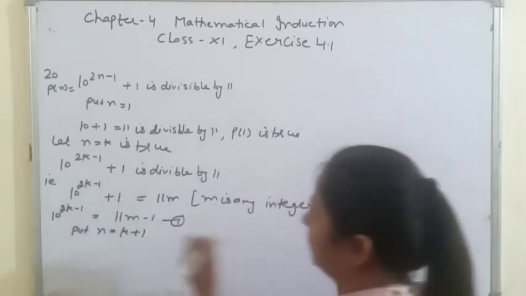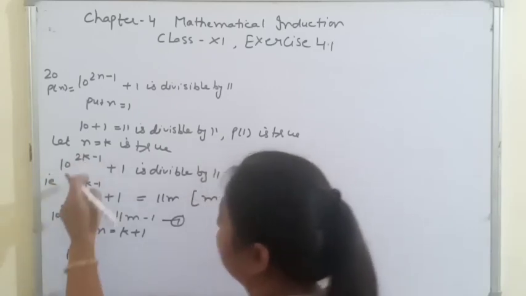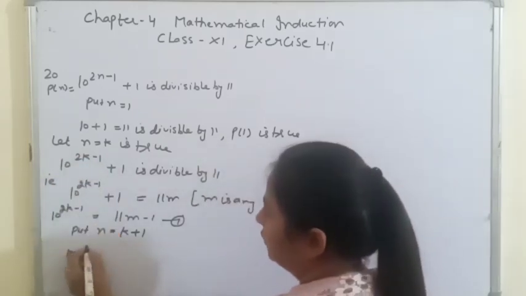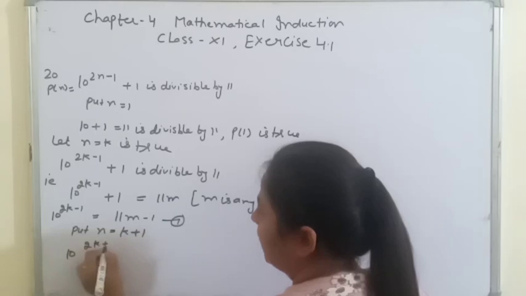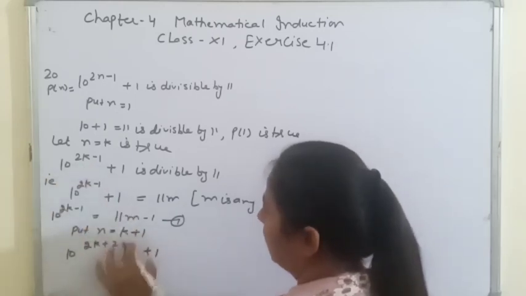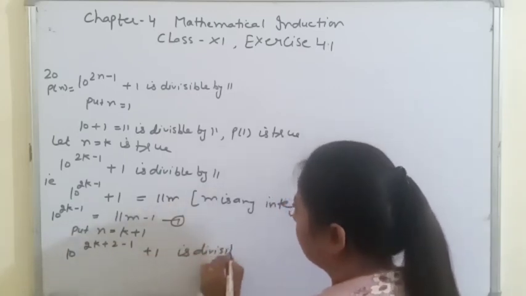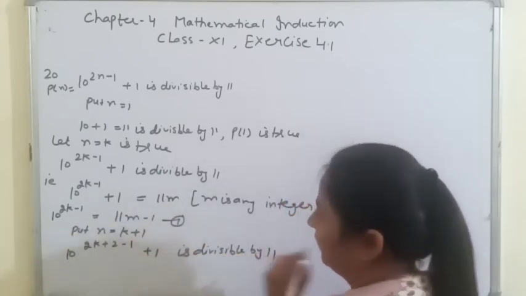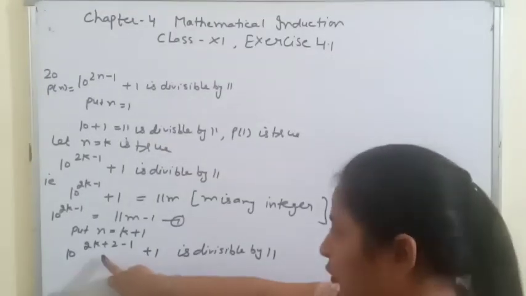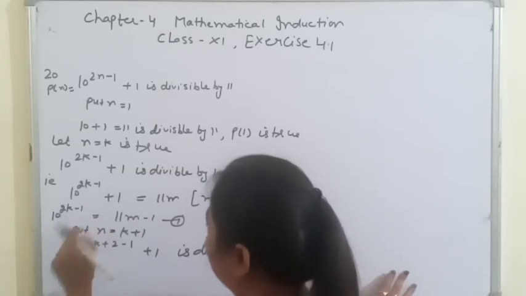Let's see what happens here. When we write 2k plus 1, we can write it like this: 10^(2k+2-1) + 1 is divisible by 11. I am not doing the subtraction here because I have to substitute the value from equation 1.